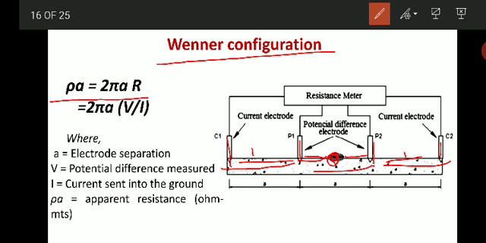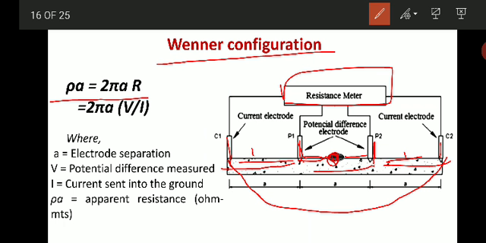A resistance meter will be there to record the resistance offered to the current passing into the ground. When you send the current into the ground, it will move from C1 to C2, and the resistance is measured with the help of the resistance meter. The potential electrodes will measure it.